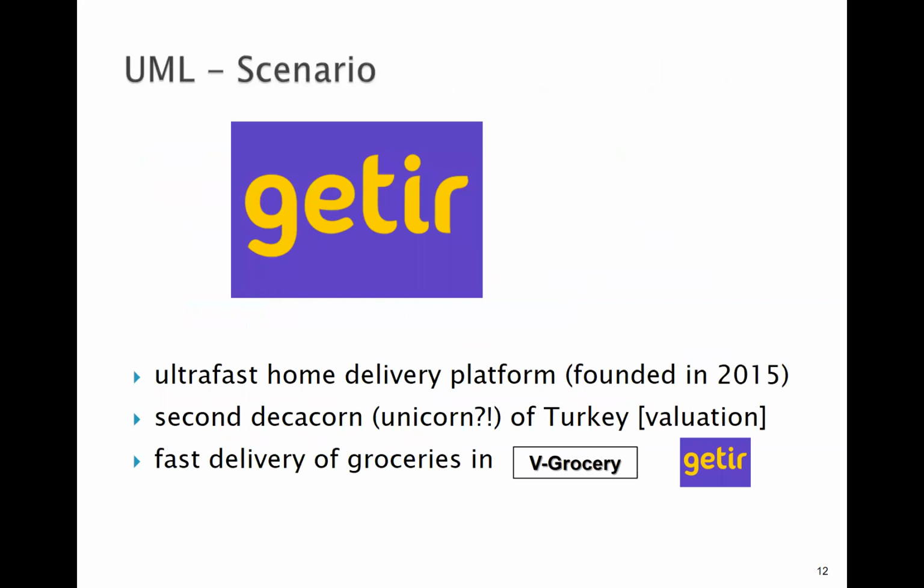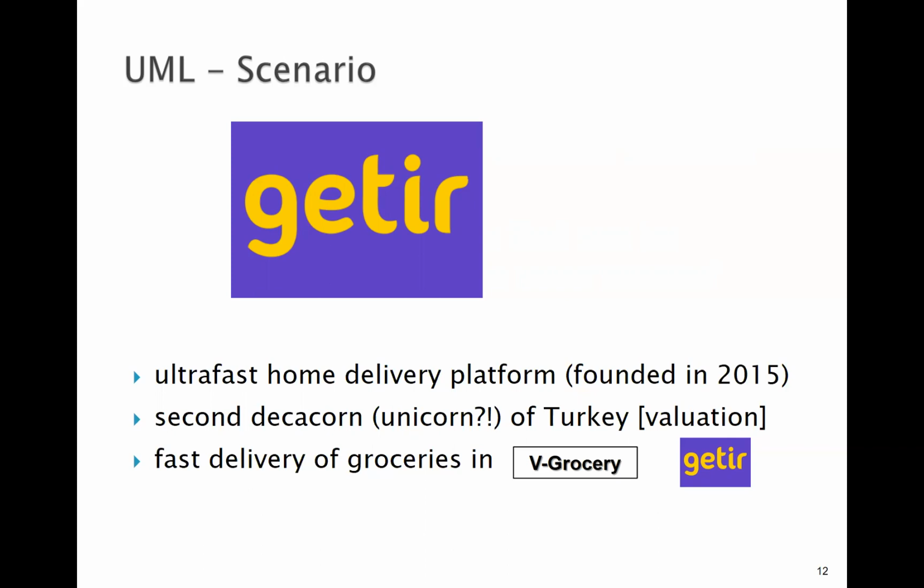We have a scenario here. We consider Getir, which is an ultra-fast home delivery platform. You may have used this. It was founded in 2015, and it was the second decacorn of Turkey. You might be familiar with this terminology.